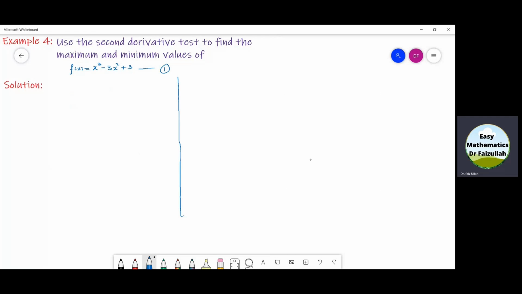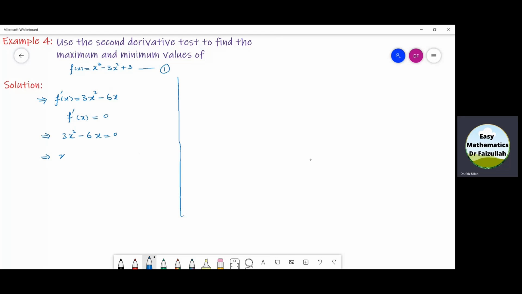In example number 4, we use the second derivative test to find the local maximum and minimum values. So as usual, let us differentiate this function. So we have f dash of x is equal to 3x square minus 6x, and for the stationary point, let us put f dash of x equal to 0. From here we get 3x square minus 6x is equal to 0.